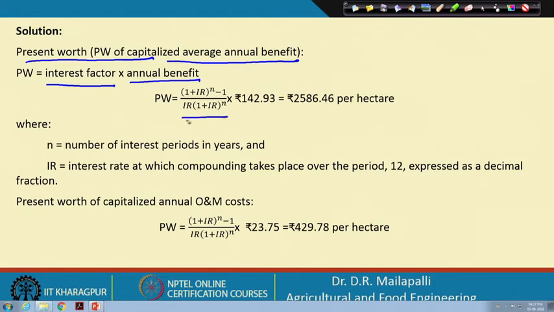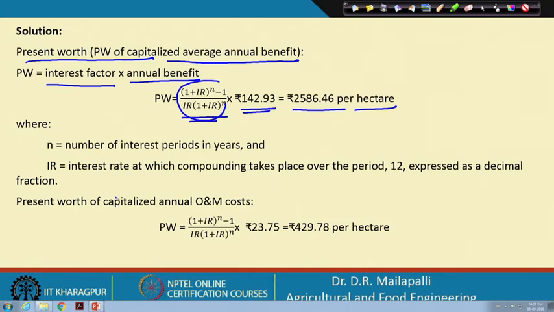We know this equation from the previous lecture. This is the present worth factor multiplied by the annual benefit. So, you get 22,586.4 per hectare as the present worth.